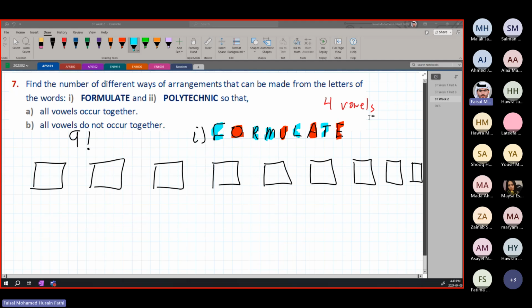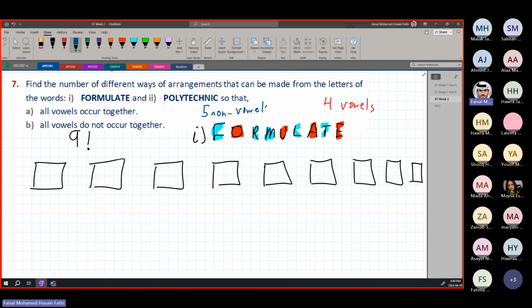So what is remaining? We now have the number of non-vowel letters, which is 1, 2, 3, 4, 5. We have 5 non-vowels. And remember in part A, what are they asking for? That the vowels occur together.